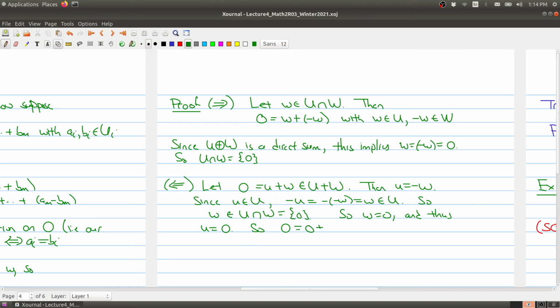So 0 equals 0 plus 0 is the only way to express 0, and thus U plus W is a direct sum.